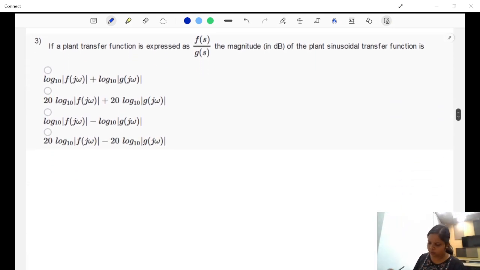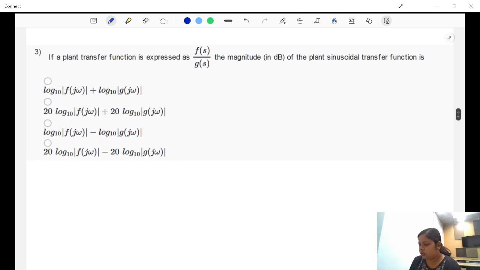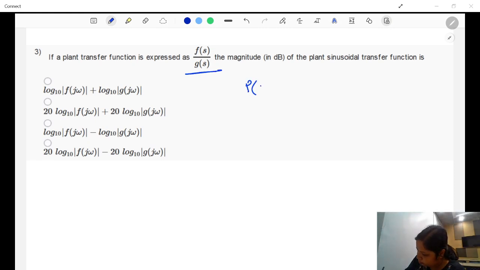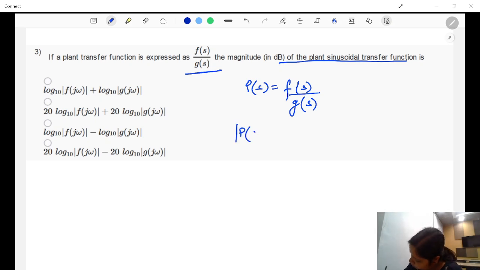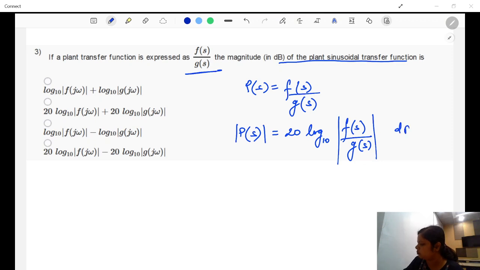Now moving to the third question. If a plant transfer function is expressed as P(s) equals F(s) upon G(s), then the magnitude in dB of the plant transfer function is what? It would be 20 log 10 of the magnitude of F(s) upon G(s) dB.